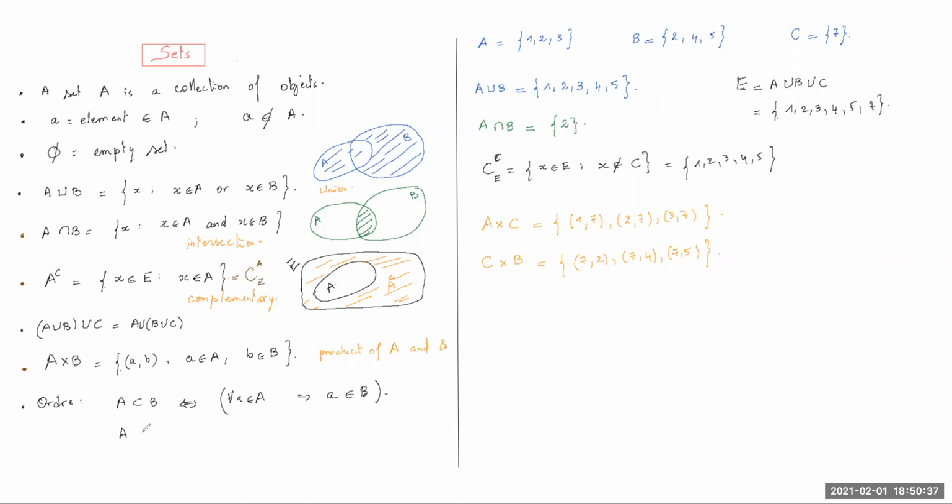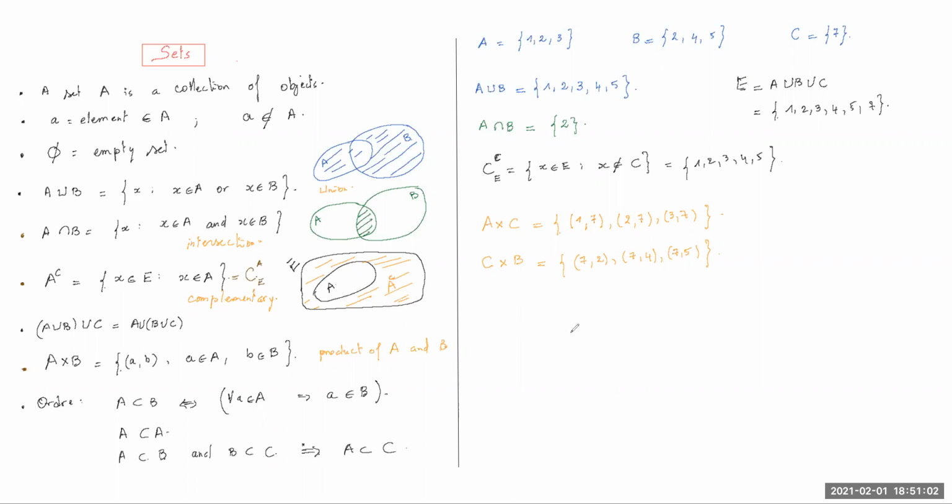This is always true: A is included in itself. And also we have the transitivity. If you know that B is included in C, then you can deduce that A is included in C.